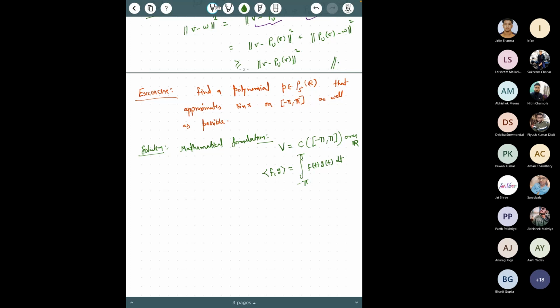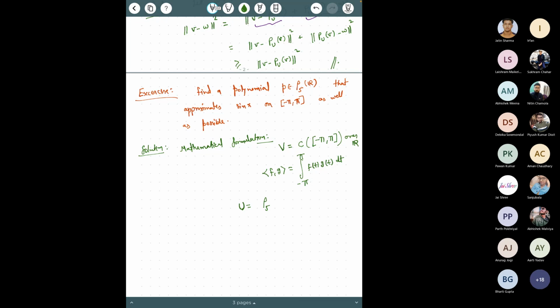Clearly, these polynomials are continuous functions. So if you restrict them to this interval, this U you can take as P5 over R. It is a polynomial space, but you have to restrict the functions to minus pi to pi.